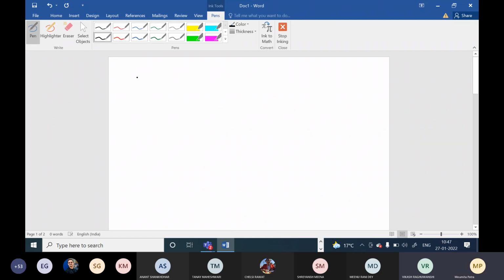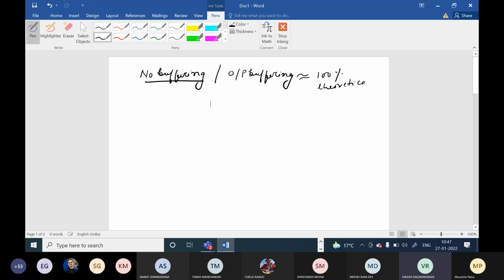Now, we have studied the situation where there is no buffering. We have also seen that if we have output buffering, then under certain given conditions you can get up to 100% theoretical utilization. Practically what happens we will see later, but theoretically you can get up to 100% utilization.